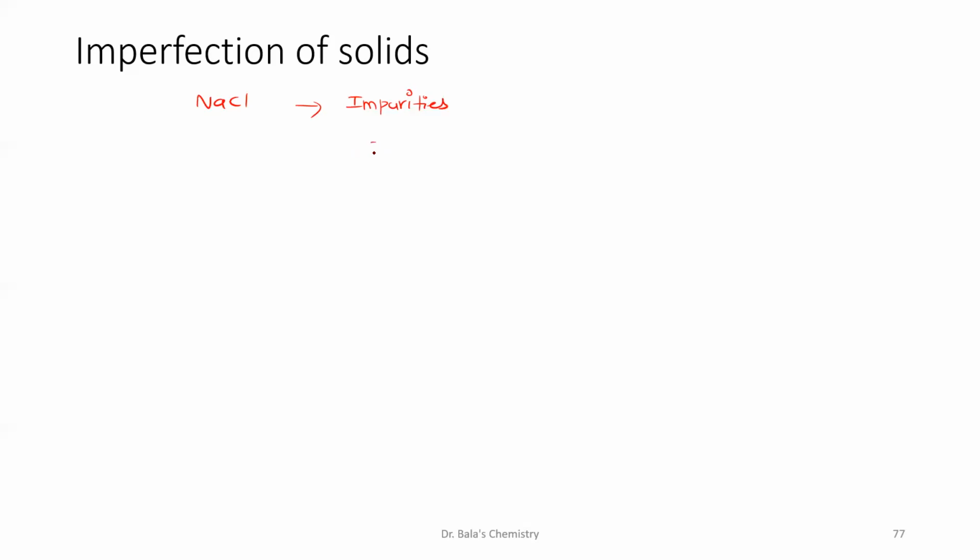If the crystallization is too fast, it forms amorphous solids. If the crystallization process is too slow, then it forms crystalline solids.